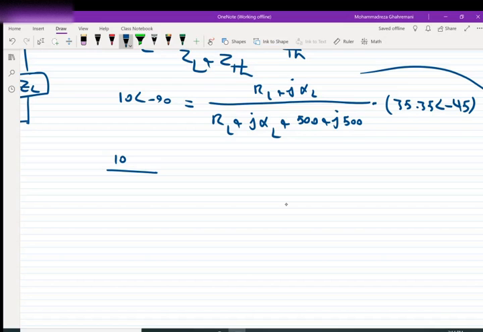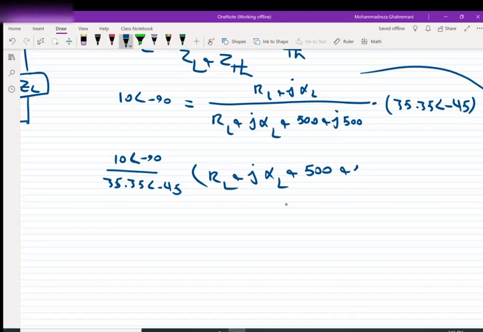So we will have 10 with the angle of negative 90 over 35.35 with the angle of negative 45, times RL plus jXL plus 500 plus j500, is equal to RL plus jXL.